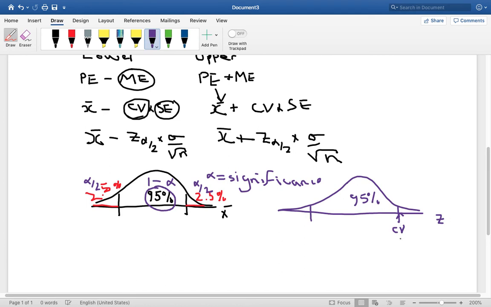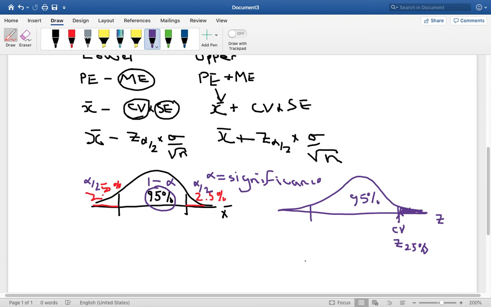And the critical value in this case is going to be called Z of 2.5%. Z of 2.5% means that the area in the tail, this we call the tail bit, is going to be 2.5%. And so the critical value for a 95% confidence interval tells you how many standard deviations you must add to the mean to get a 95% interval estimate.